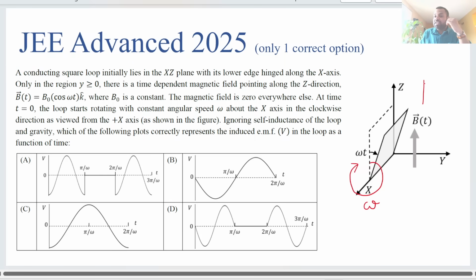And there is a magnetic field B vector. Flux through the loop is going to change as the loop is rotating, so there will be induced EMF, Faraday's law, right? Or it asks you what is the correct plot, how the induced voltage is going to change over time.